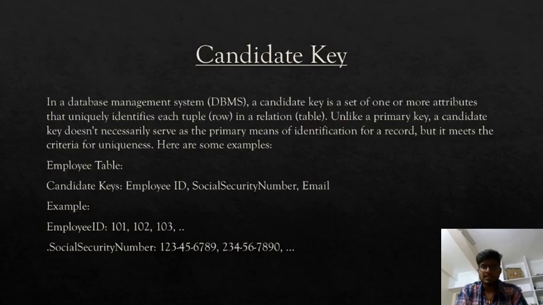Moving on to the candidate key. If we want to identify the candidate keys from a table, we can say that except the primary key, the remaining ones are candidate keys. But we need to select which ones provide a unique identification of the entity, and those are considered candidate keys.